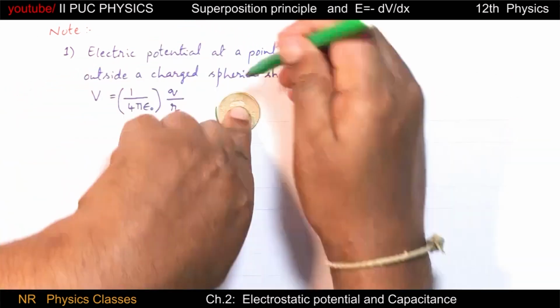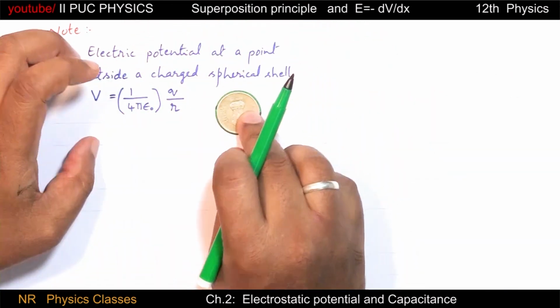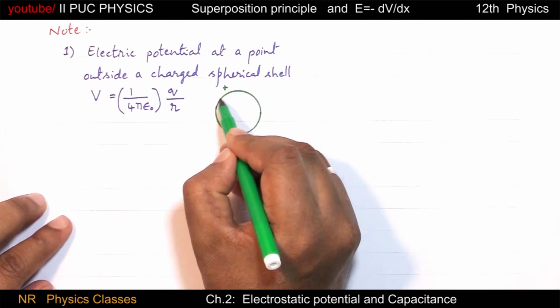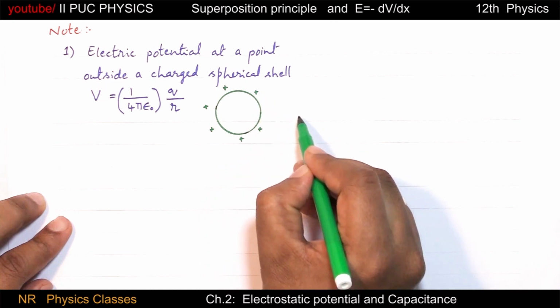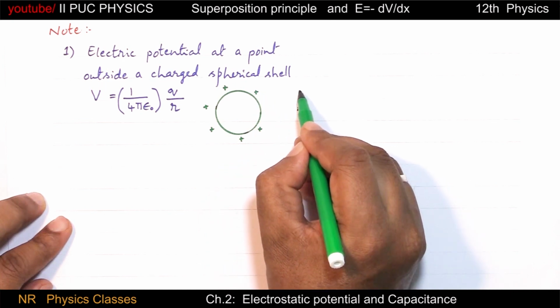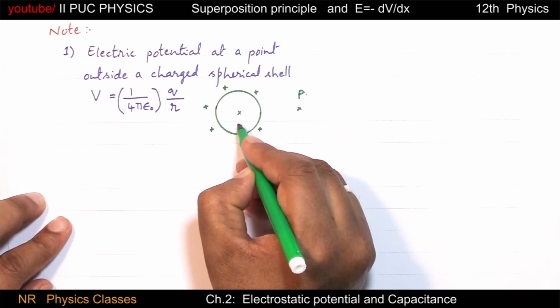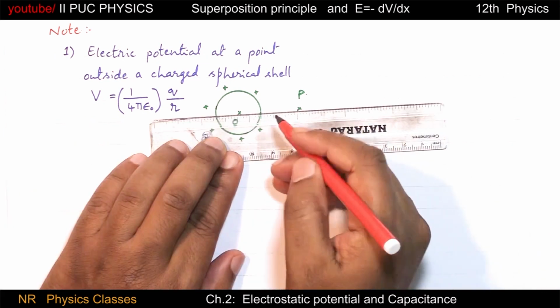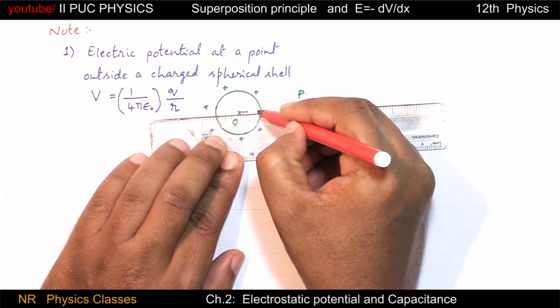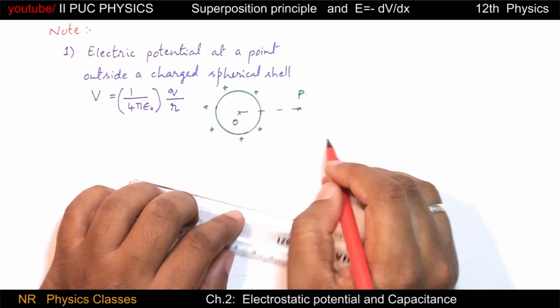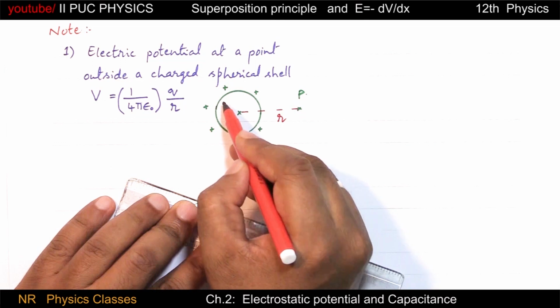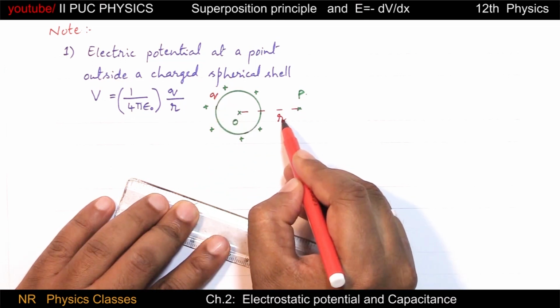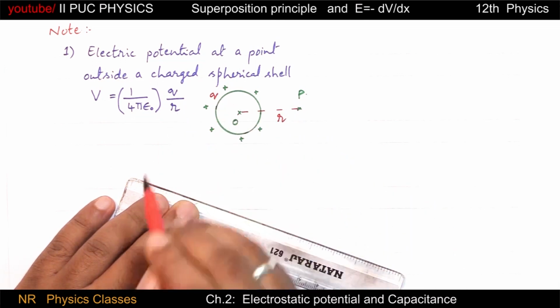If this is the charged shell, point P is outside, center of the shell O, the distance from the center is R, total charge Q by distance from the center.